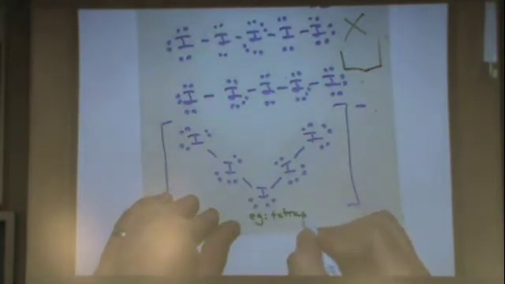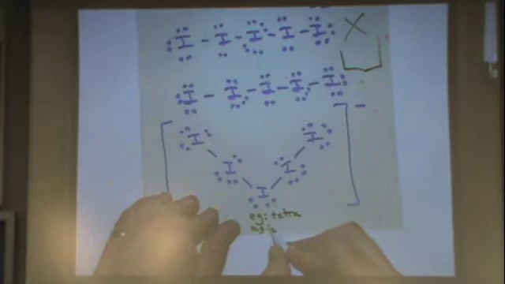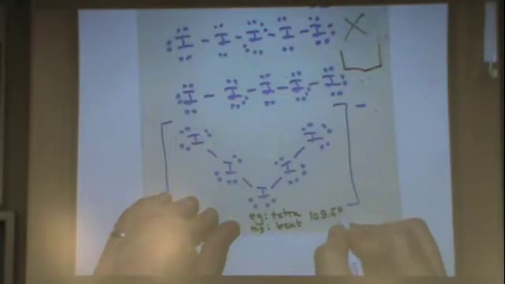And now let's fill in everything we know about it. I'll put EG for electronic geometry: tetrahedral for the center one. The molecular geometry for the center one is bent. The bond angle, this is the ideal bond angle. That's all you need to know. You don't have to memorize the actual bond angle.